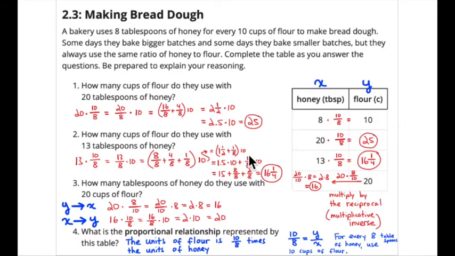Both of those get multiplied by 10. Well, 1 1/2 times 10, that's 1 5/10 times 10, plus 1/8 times 10. 1 1/2 times 10 is 15. And 1/8 times 10 is 10/8. 10/8 is the same as 8/8 plus 2/8, so 15 plus 1 is 16, and 2/8 is 1/4.